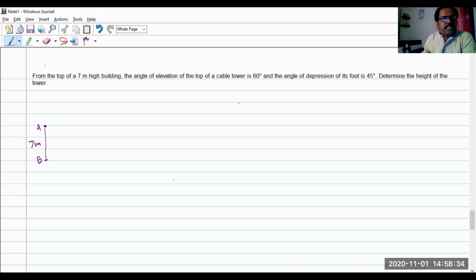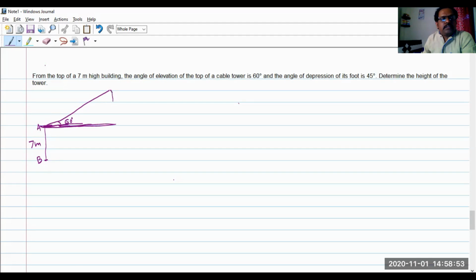So here from this we have the angle of elevation like this, and the eye level or the horizontal line will be like this. So the angle of elevation from the top of the building is 60 degrees, it is given, right?